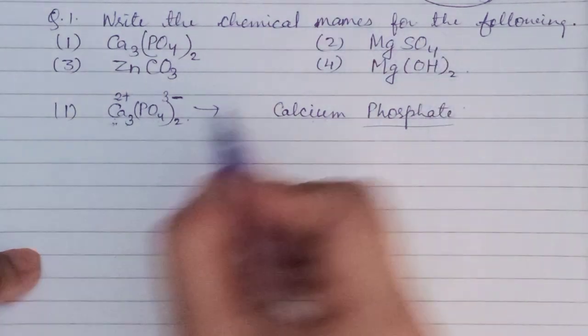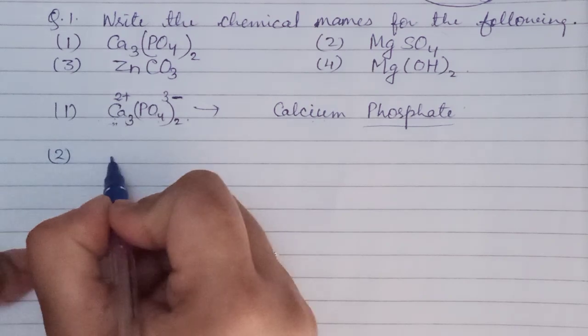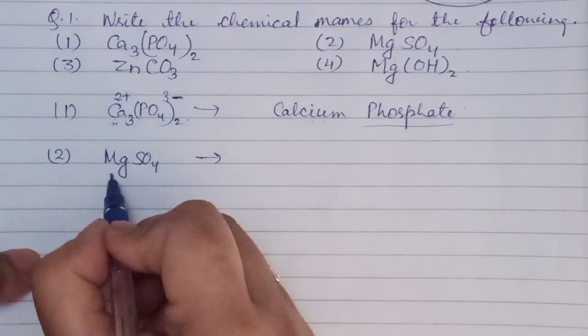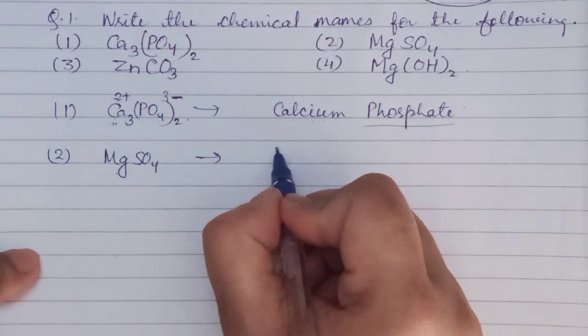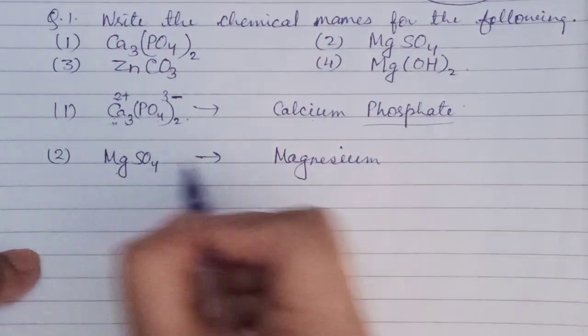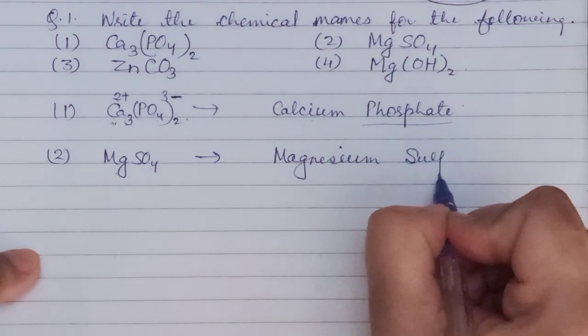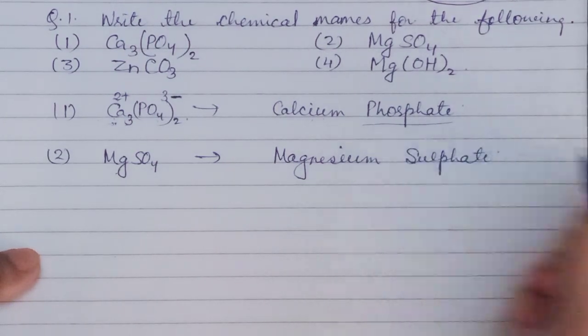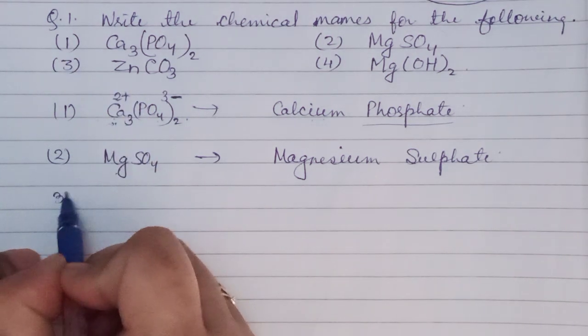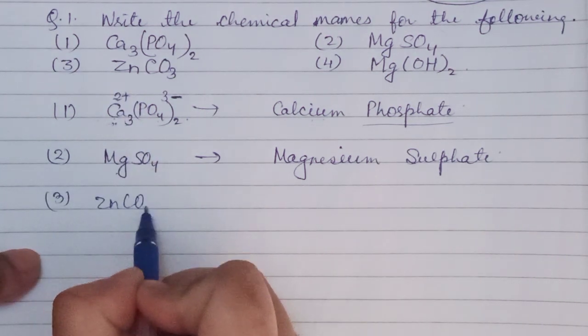Now let's take the second example, MgSO4. Mg is magnesium and SO4 is sulfate. So its name will be magnesium sulfate. Like this, third is ZnCO3.